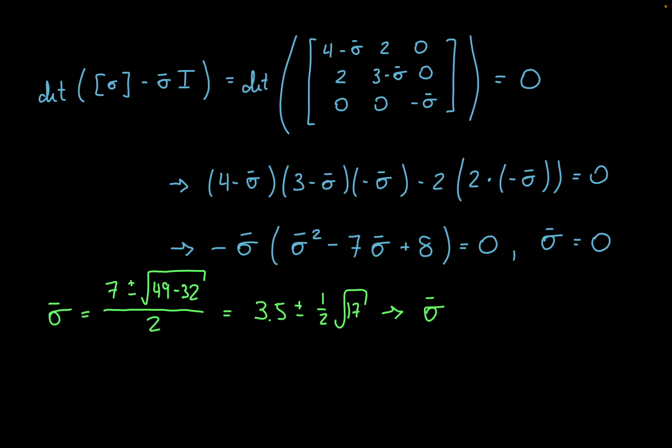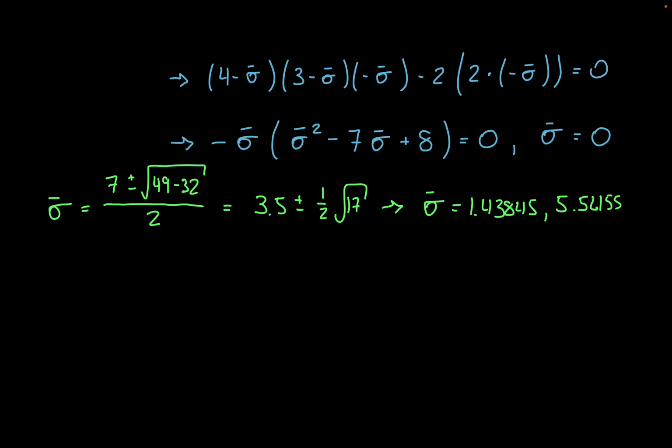So we'll get a sigma bar equal to 1.43845, and we'll get another sigma bar equal to 5.56155. So we pretty much found all of our principal stresses, but now we have to label them properly.